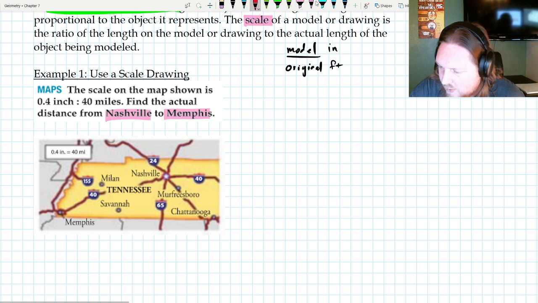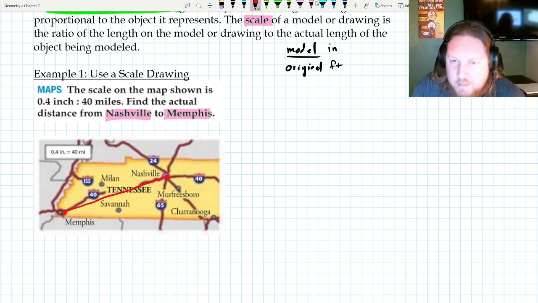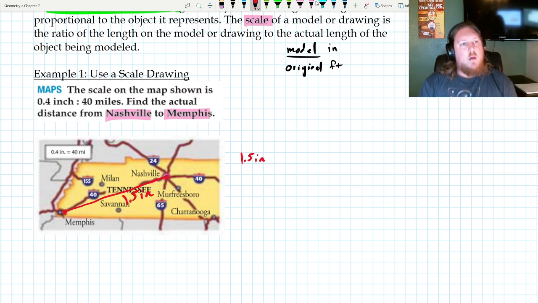I'll draw it out in red. So between Nashville and Memphis, I'd take a ruler and put that line down and measure it, and I'd find it's 1.5 inches. So 1.5 inches. You have to get a ruler to do some of these problems.